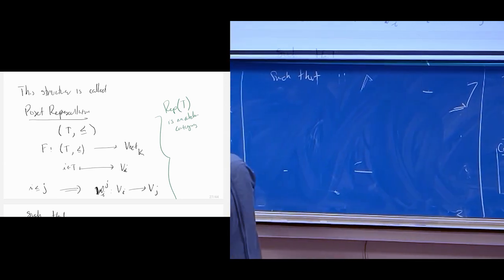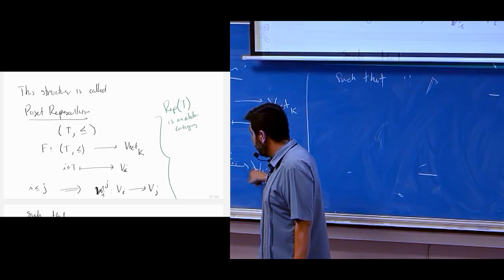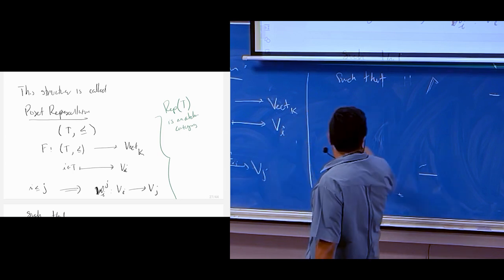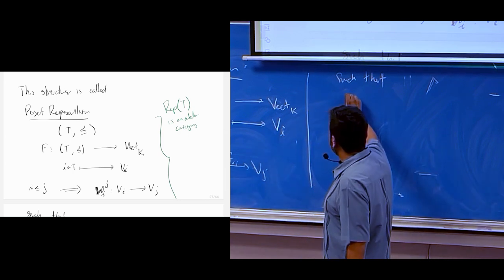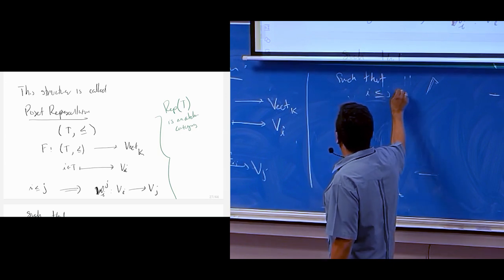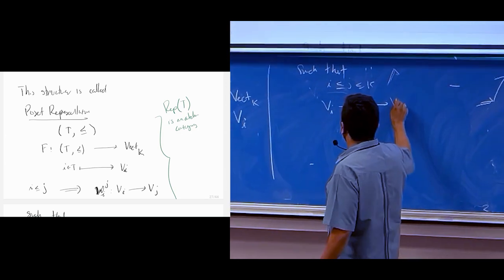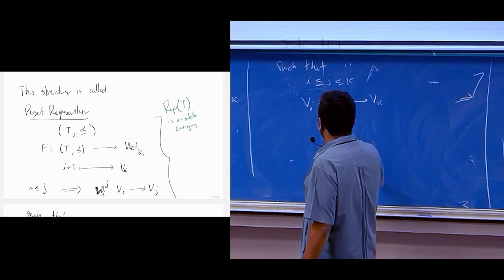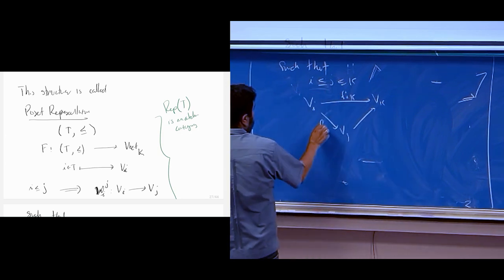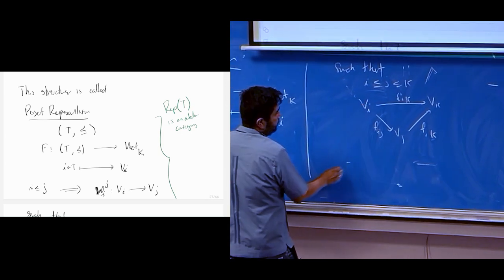Or an injection. So once we have a map between vector spaces, the condition about being induced by inclusions translates into the fact that if we have I lower or equal than J, lower or equal than K, we have these commutative diagrams: F_ij, F_ik, F_jk.